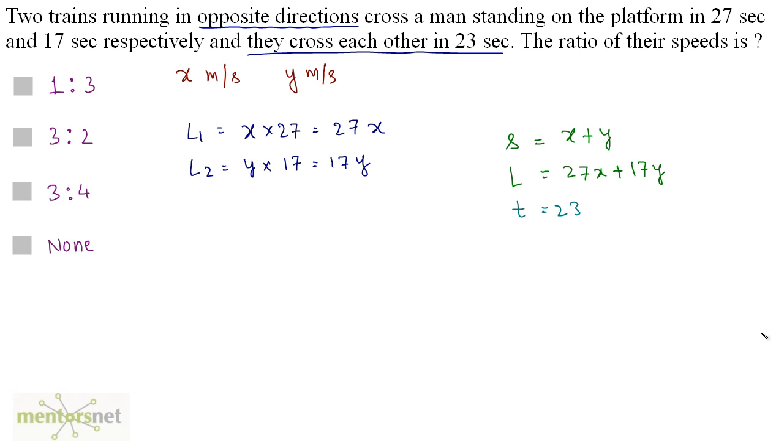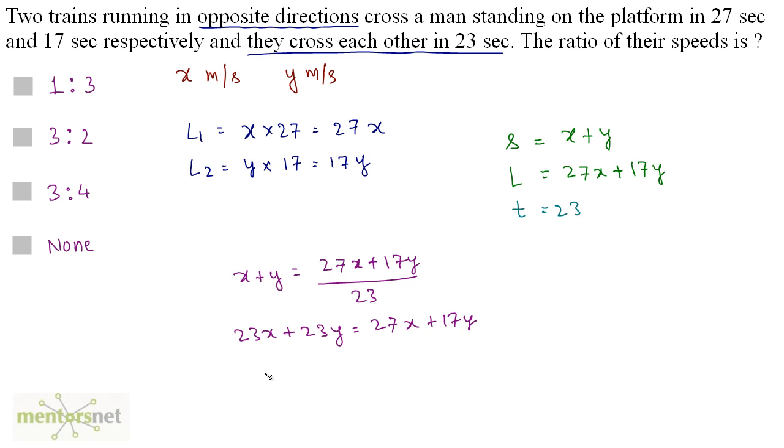So we have the formula speed is equal to distance upon time. So x plus y is equal to, the distance is 27x plus 17y upon time is 23. So 23x plus 23y is equal to 27x plus 17y.